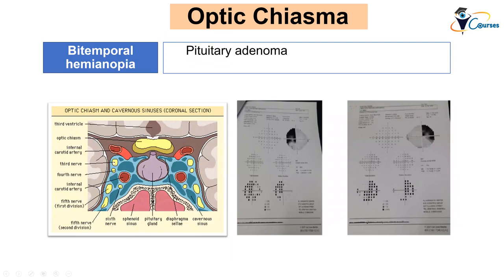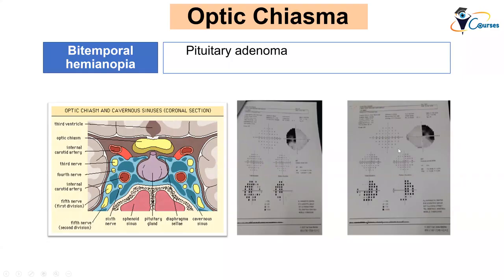So speaking about the pituitary adenomas, these pituitary adenomas will arise from below the chiasma. So they will compress the chiasma from below. So this will result in compression of the lower nasal fibers, leading to superior visual field effects.